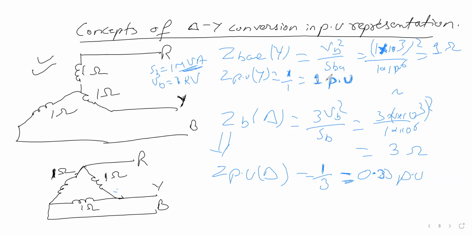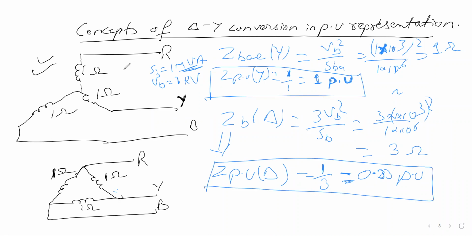Is it? I'm right, it will be 1 only, actual by base. Z base also we have gotten. So we know these two units: the per unit value will be 1 per unit for star, and for delta it would be 0.33 per unit.